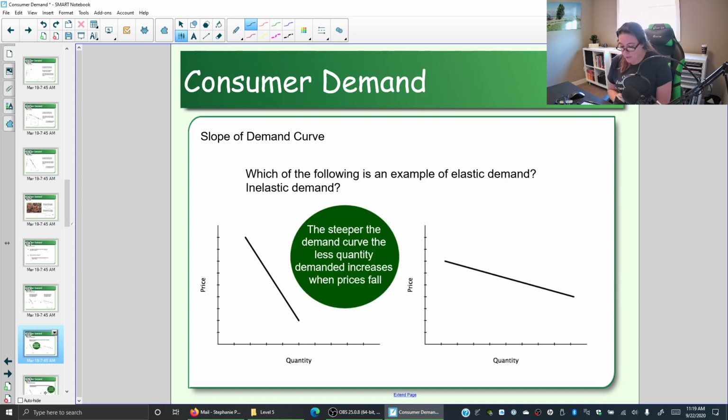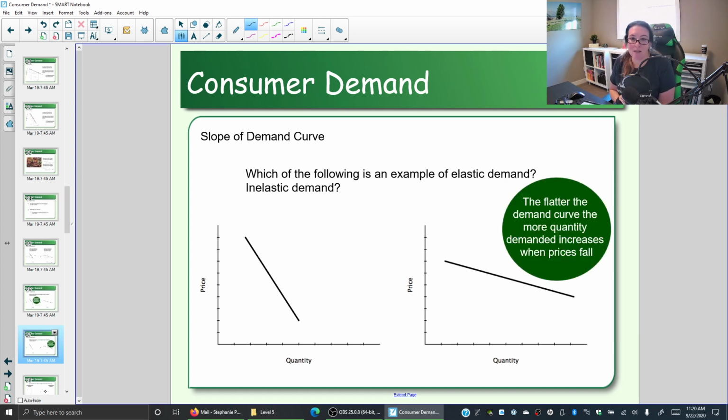So a steeper slope tells us that when we drop the price, quantity demanded will increase, but by a little bit. So is this more elastic or inelastic? Change the price, the amount customers are willing and able to buy changes a little. So this is more inelastic. In comparison, here on the right, when we change the price, the amount that consumers are willing and able to buy, right, changes quite a bit.